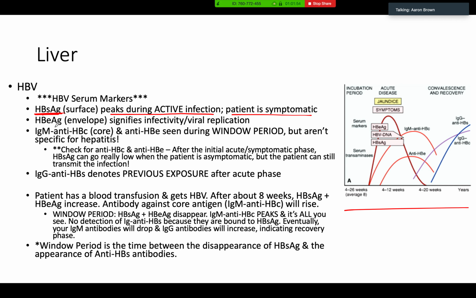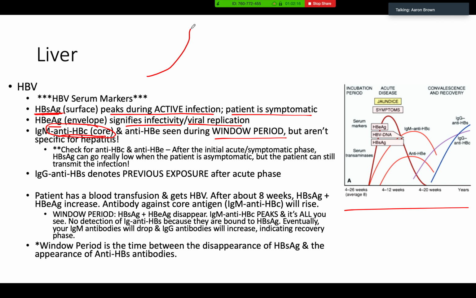Okay? Envelope antigen, again, this signifies the infectivity because the virus is actively replicating. Seeing your anti-core antibody, this is really helpful. Your core antibody is seen during the window period. What is window period? So we said that surface antigen is going to rise.